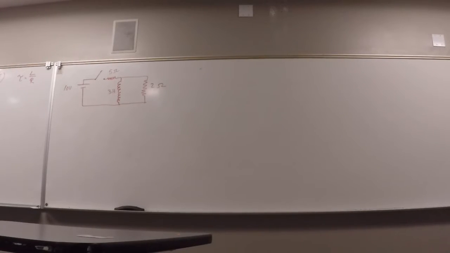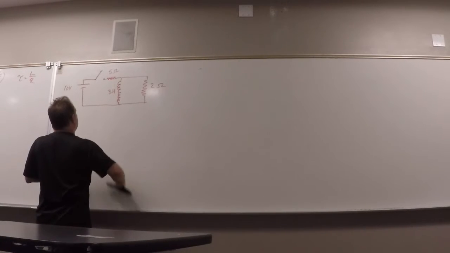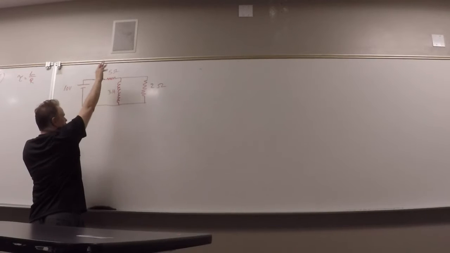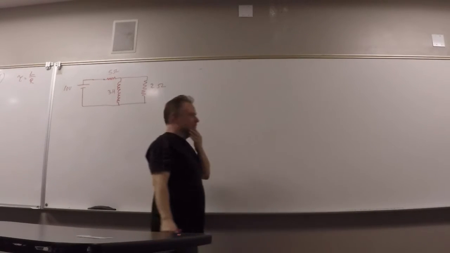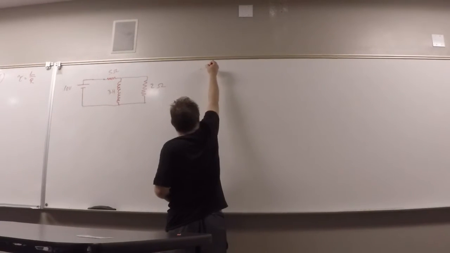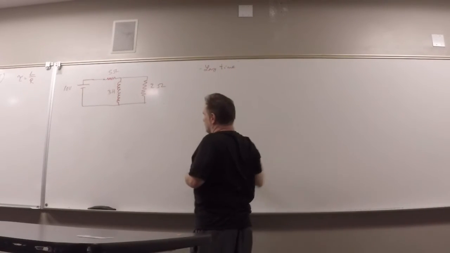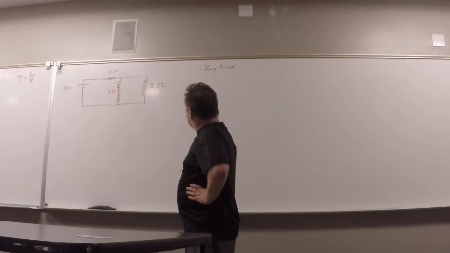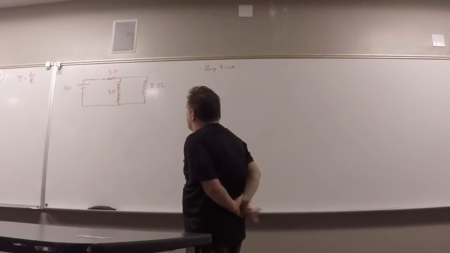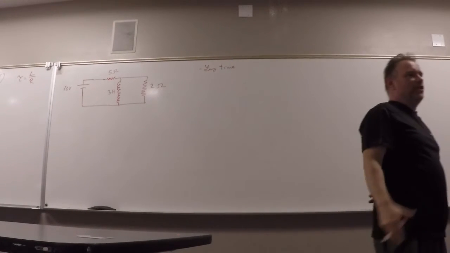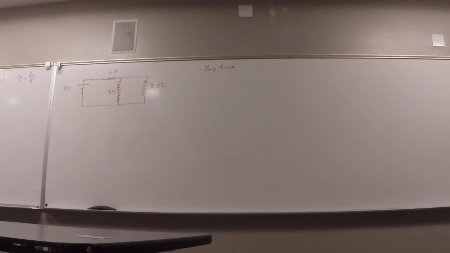All right, now let's say that the switch has been closed for a long time. Question for you: let's first of all find out what the current is in the inductor.